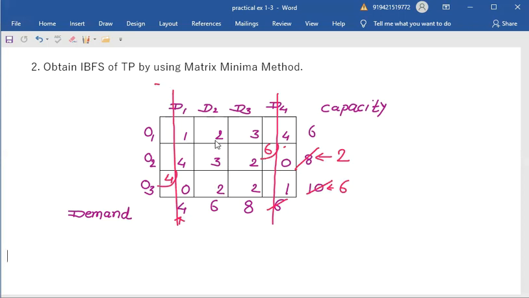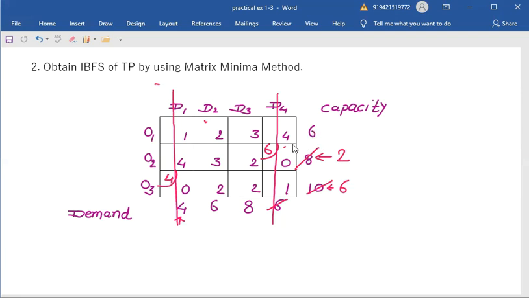Now again look at the revised cost matrix, that is, the cost matrix except the first and fourth columns. What is the lowest cost? 2 is the lowest cost and it occurs in 4 cells. So we can use any one of these 4 cells. Now if I use this cell, first row, second column, what happens? The requirement is 6, and the available quantity is also 6.